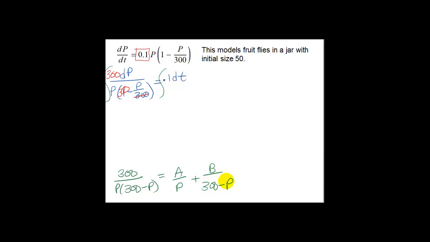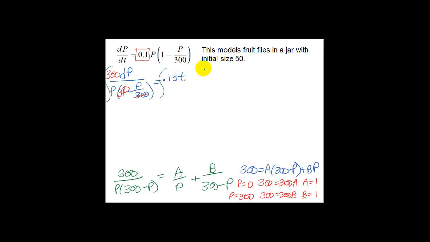Now if we clear that of fractions, we would have 300 equal a times 300 minus p plus bp. So first of all, we could let p be 0, and that would leave us 300 equal 300a, so a would be 1, and then we could let p be 300, and that would give us 300 equal 300b, so b is also 1.